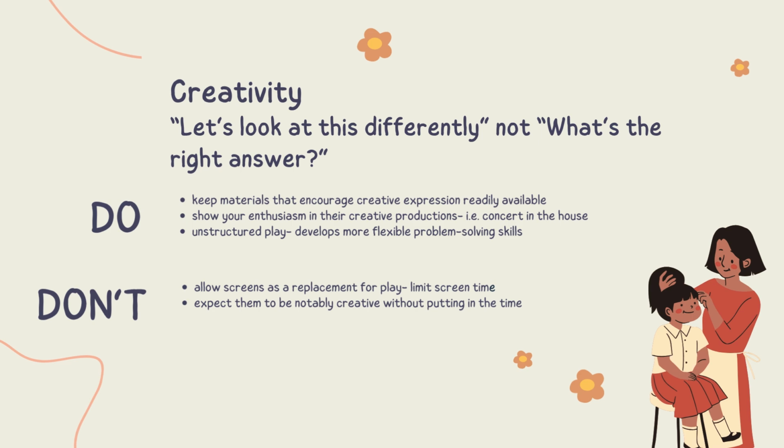Allowing them that time for unstructured play helps them develop more flexible problem-solving skills, especially if they're playing with peers. Even if it's peers who are different ages, it's actually better to have that diversity because we learn from older kids and can be mentors for younger kids, just kids who are out in the neighborhood.